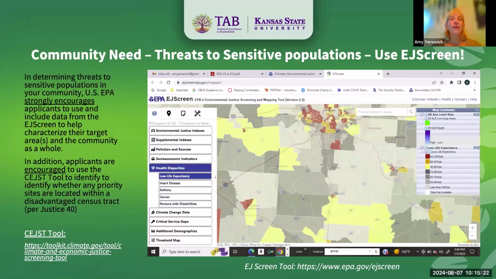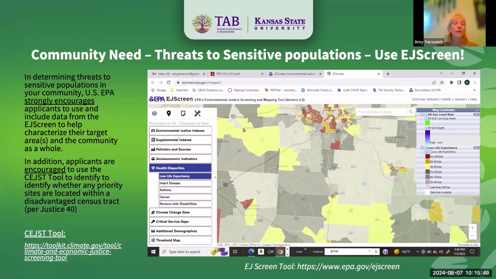So community need, threats to sensitive population. Beth mentioned the use of EJ Screen. It provides you a lot of information about how a sensitive population is being affected either health-wise or suspected health-wise by being close to things like Superfund sites or hazardous waste sites.